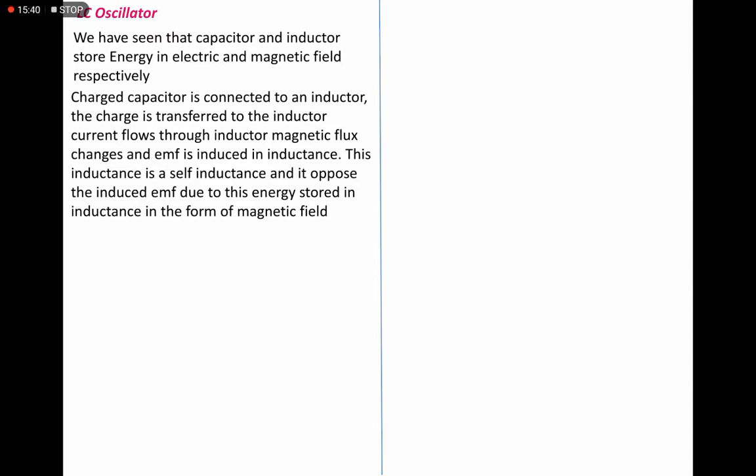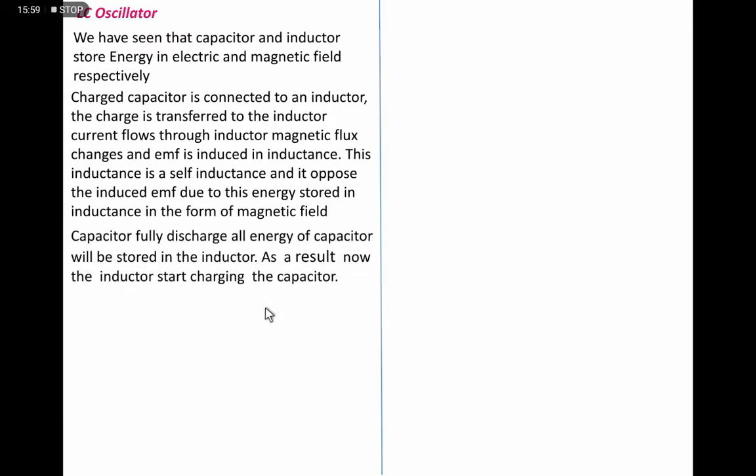Flux changes, and there is work done. This change in flux is opposed by the EMF induced in the inductor. This happens because the charges pass through the inductance from the capacitance.